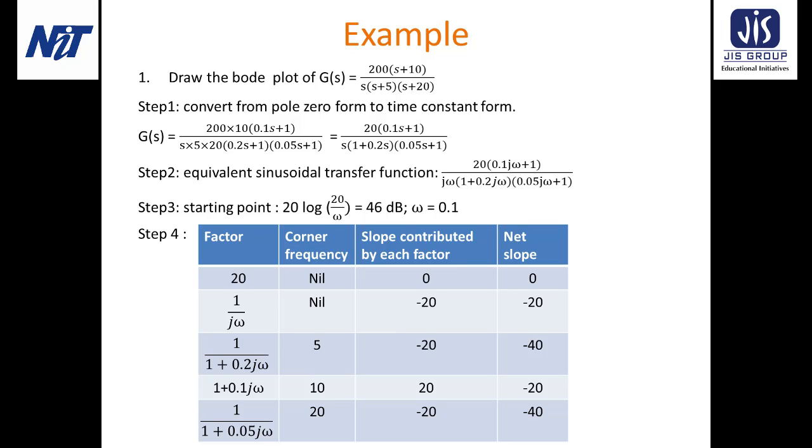Before that the slope cannot be changed. So first it will start from 46 dB, and then with the slope of -20 dB per decade, it will go up to 5, that is the next corner frequency.